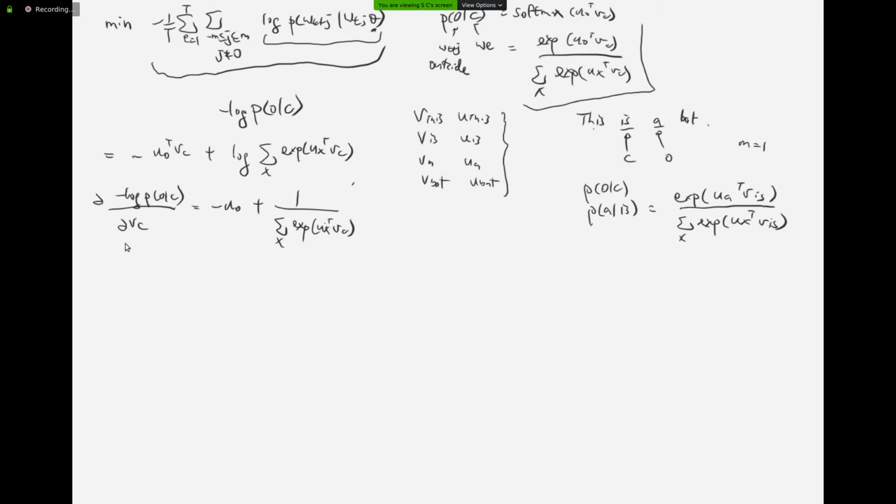Using the chain rule again, I should have this exponential of u_x transpose v_C, and then u_x, right, something like that. Wait a sec, I'm missing something. I should have the summation here. Yeah, I should have the summation here, and I probably should have a different index, something like summation over x.